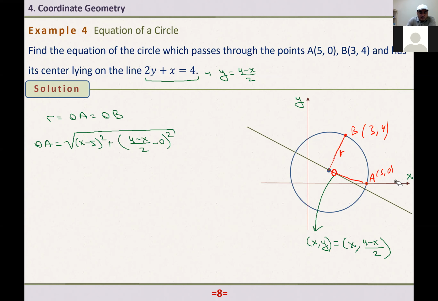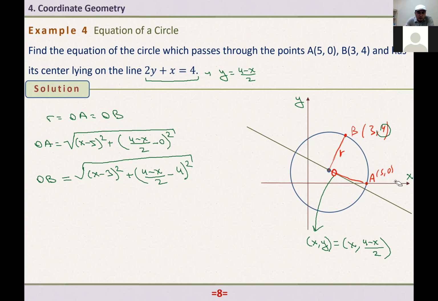In a similar way, if you evaluate OB, the distance between O and B, the x coordinate of O is x, so here we have (x minus 3) squared, plus the y coordinate (4 minus x) over 2, minus the y coordinate of B, which is 4. So that is 4 squared, right?